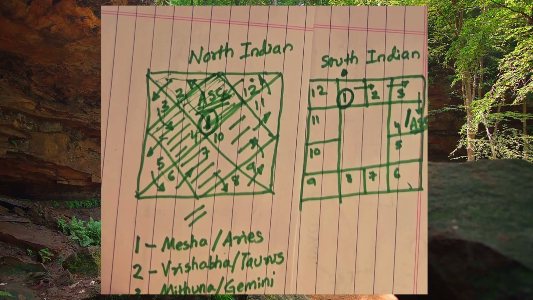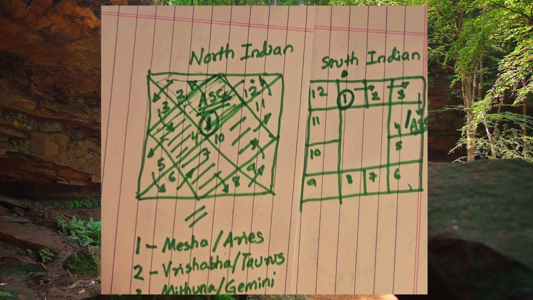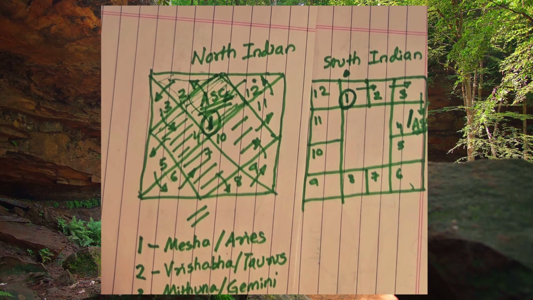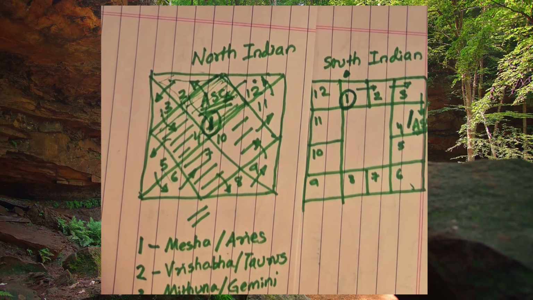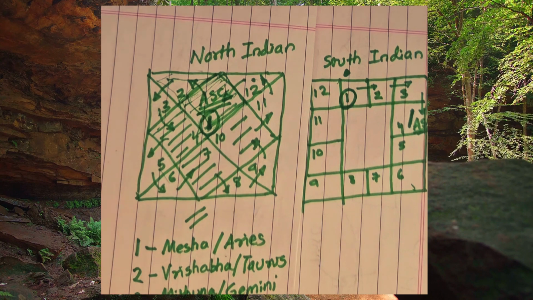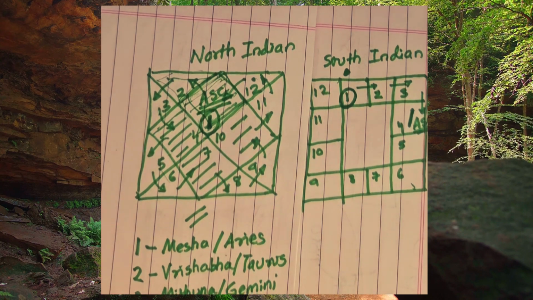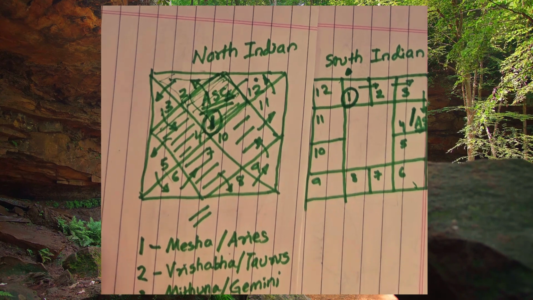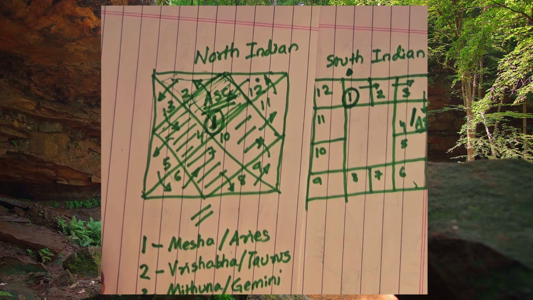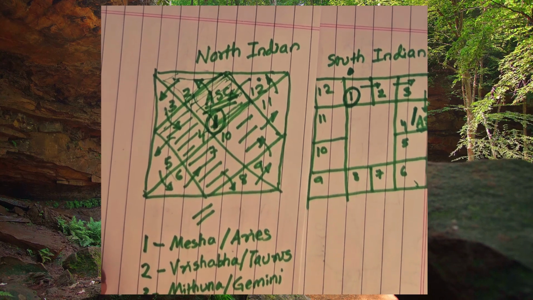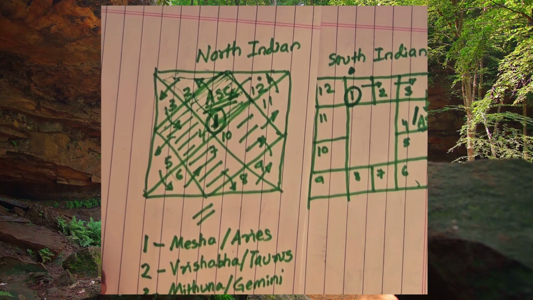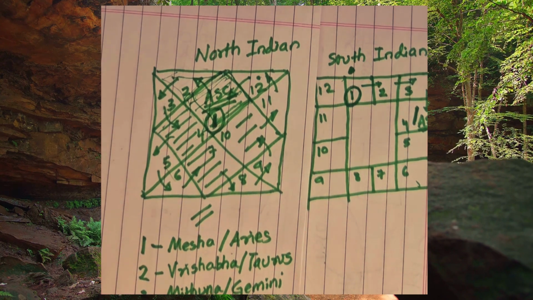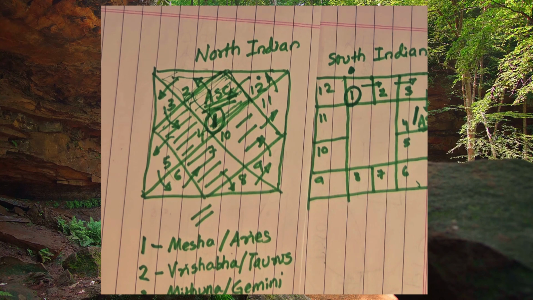Sixth is Kanya or Virgo. The significance of this Kanya Rashi or Virgo Rashi is a young girl or a virgin. Seventh is Tula or Libra, and the significance is a balanced scale. It is represented by a balanced scale.